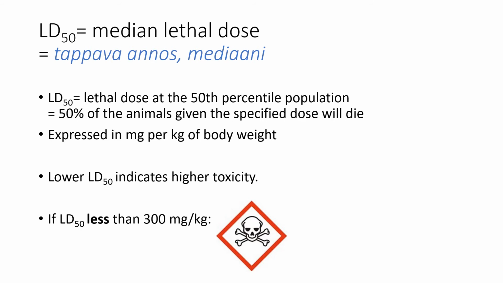It is usually expressed as the amount of chemical administered per kilogram of the body weight of the test animal. In general, the smaller the LD50 value, the more toxic the chemical is. The larger the LD50 value, the lower the toxicity.